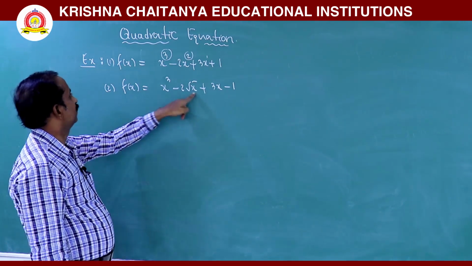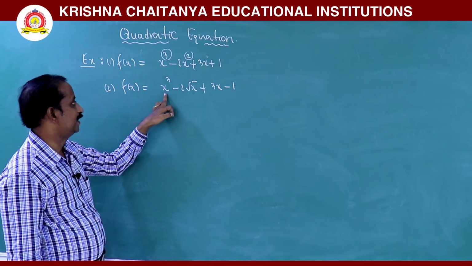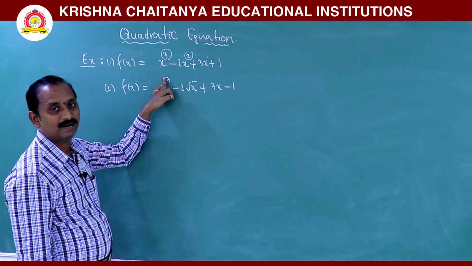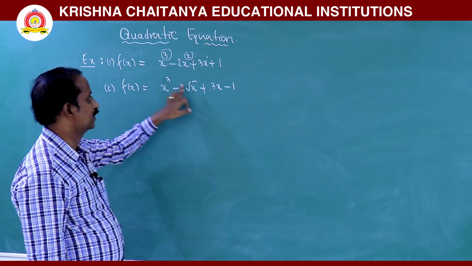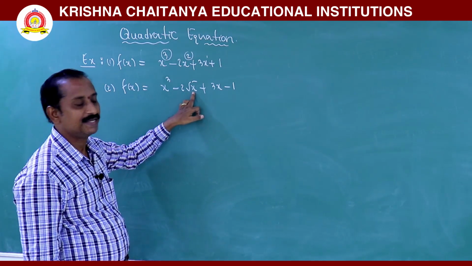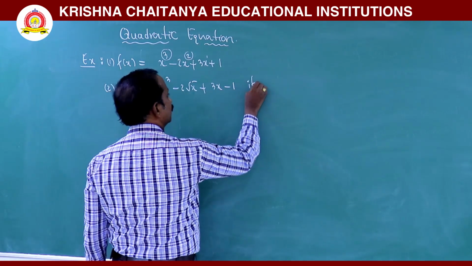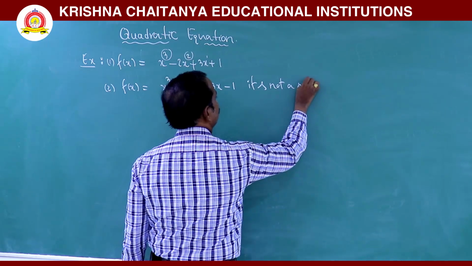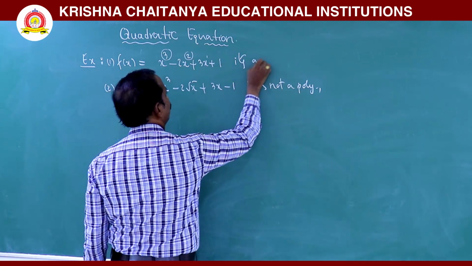When f of x is said to be a polynomial, the degree or power of x must be a non-negative integer. Here x power 1 by 2 is not an integer, so that's why it is not a polynomial. The first one is a polynomial.